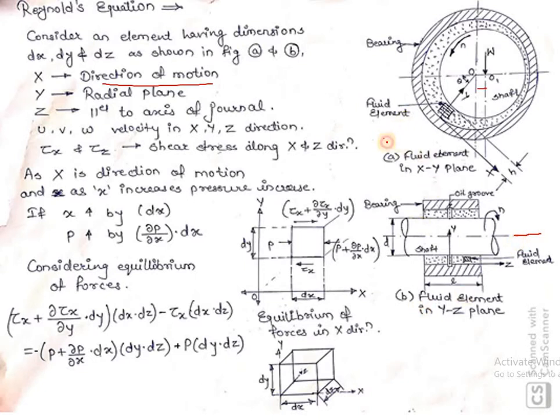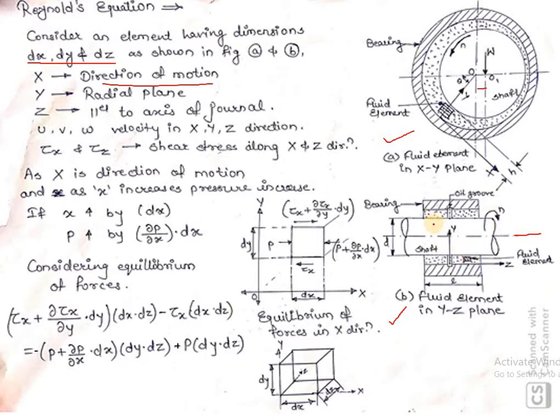These are the two views of the hydrodynamic journal bearing, and we are considering a fluid element having dimensions dx, dy and dz. This diagram shows the fluid element in the xy plane and this shows it in the yz plane. Here d is the diameter of the shaft or journal and L is the length of the bearing, which is also the length of the journal. The journal is the shaft inside the bearing.